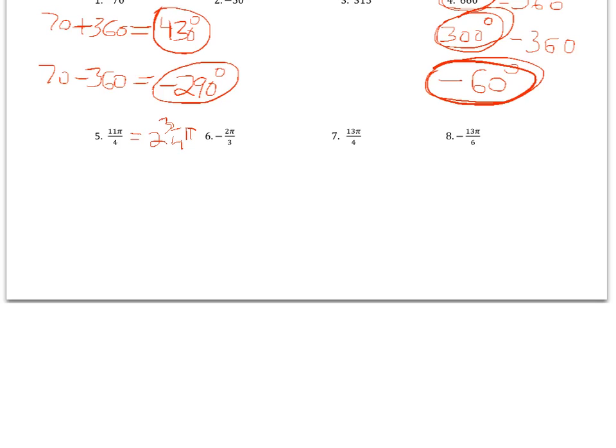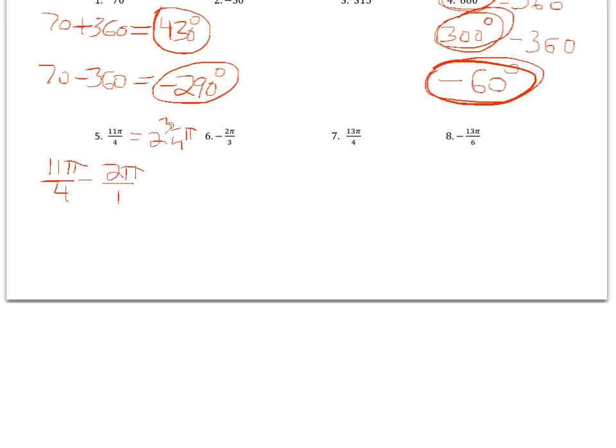Now, I could add 2 pi to this, but I'm going to keep subtracting 2 pi because I know if I subtract 2 pi from that, it's still going to be within 1 revolution. So if I take 11 pi over 4 and subtract 2 pi, don't freak out. You have fractions. A lot of students get to this and wonder how to do it. 2 pi is over 1.